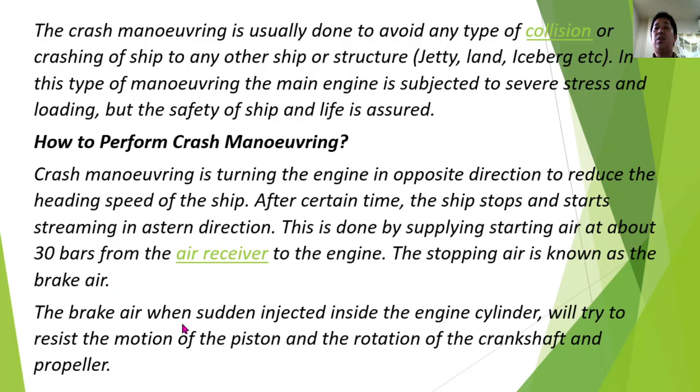The brake air, when suddenly injected inside the cylinder, will try to resist the motion of the piston and the rotation of the crankshaft and the propeller. That's how the system of crash maneuvering works.